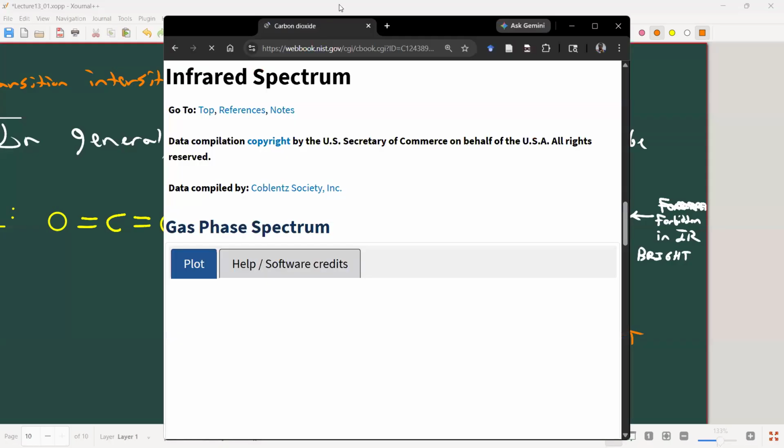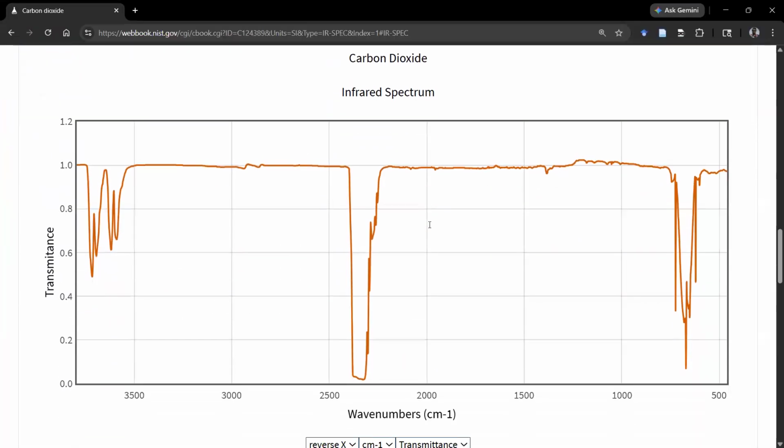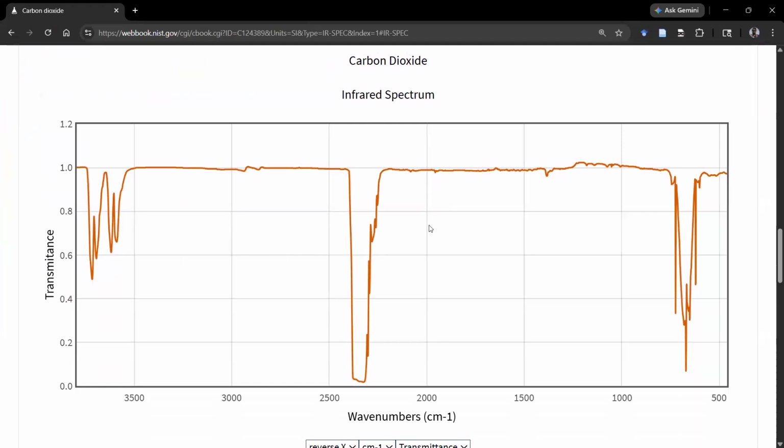So here's an old spectrum of the thing. Right? And in fact, here you go. So right here, this is the asymmetric stretch of CO2 right here, the highest in vibration. And here's the bend. They're much smaller. 600 wavenumbers.